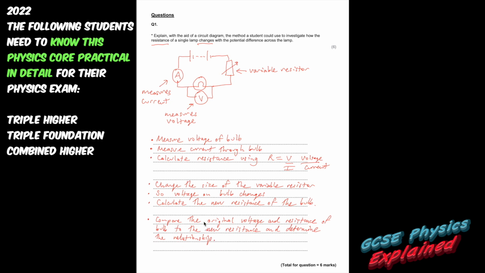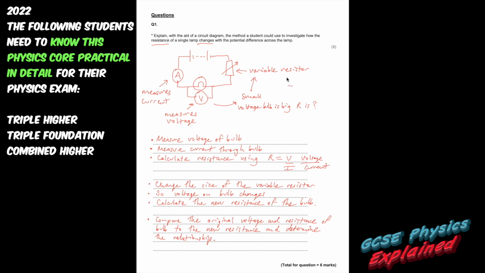So you want to compare the original voltage and resistance of the bulb to the new resistance and determine the relationship. For example, if at first you make the variable resistor small, that means that the voltage on the bulb will be big. And you'll find out what the resistance will be.